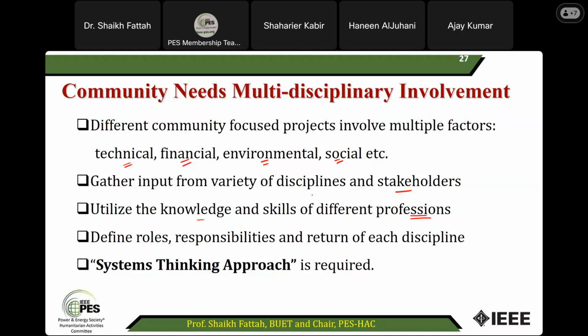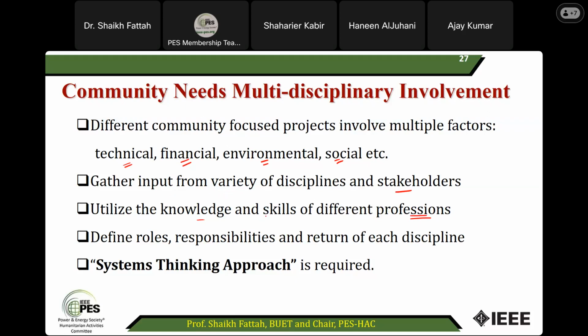It's not only technical aspects; you have to deal with financial, environmental and social aspects. So you need the expertise of different professions. That's why, generally nowadays, projects are multidisciplinary. It's not only the technology.